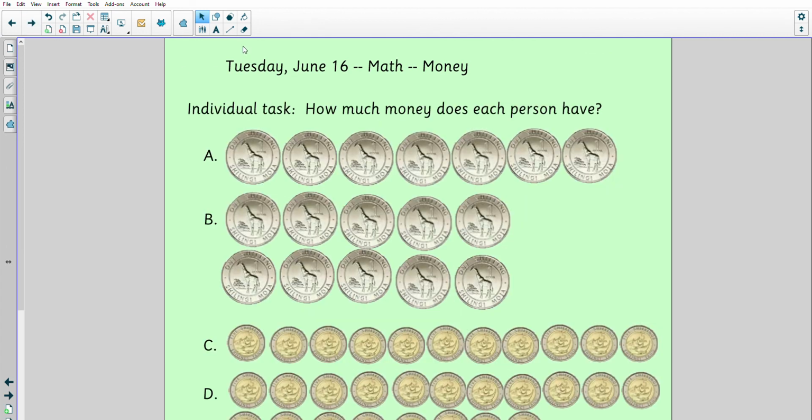Now, your individual task today is to count these coins. How much money does each person have? Remember, when you count your coins, you'll write your answer and KES. I won't tell you the answer because I know you guys are really good at counting.